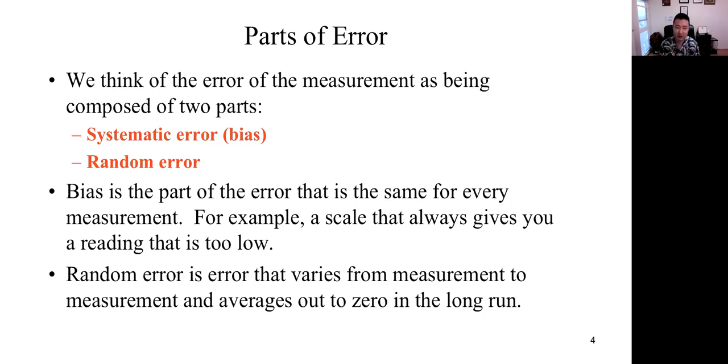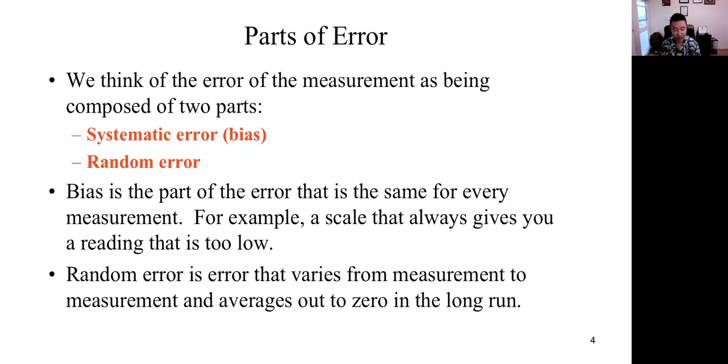If the scale is not calibrated well, it will give overestimation or underestimation. We call that type of error bias. If we recalibrate the scale, then the bias will become 0. That's the first part of error, bias or systematic error.